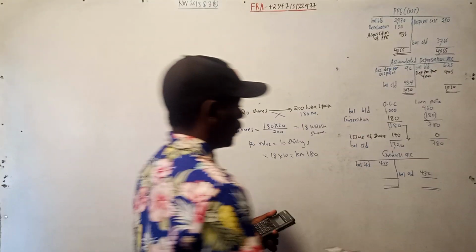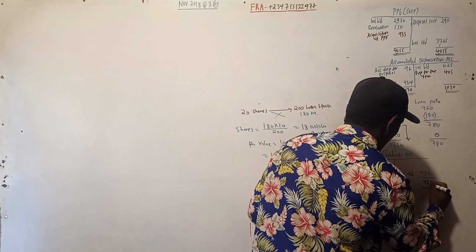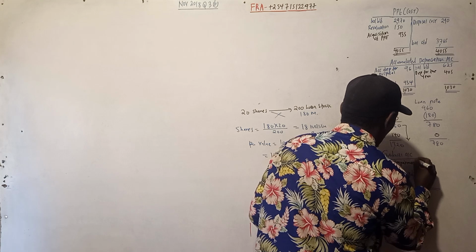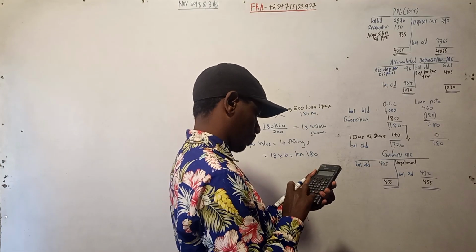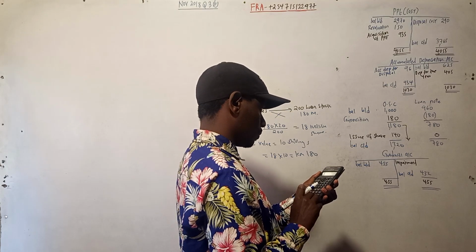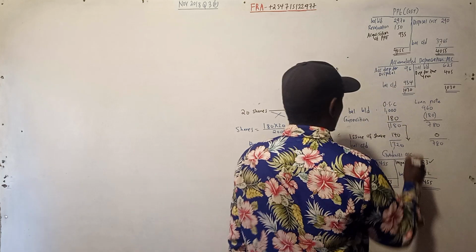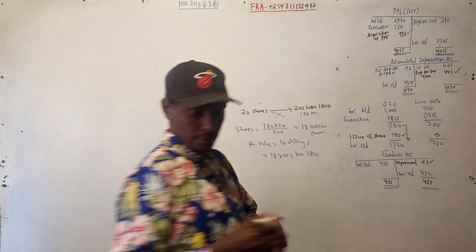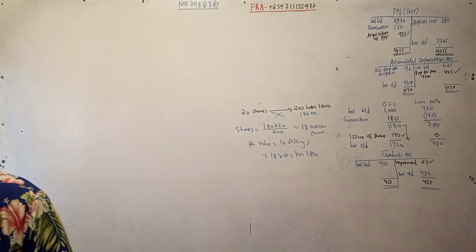So 455 is the total. So we can get the impairment: 455 minus 432, that is 23. So the items in black are the balancing figure.